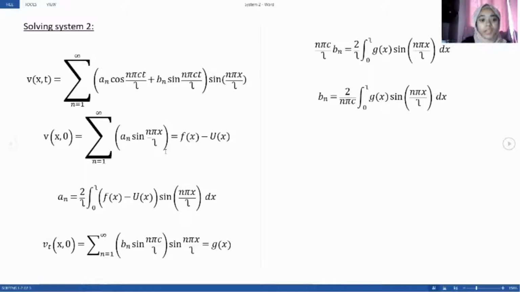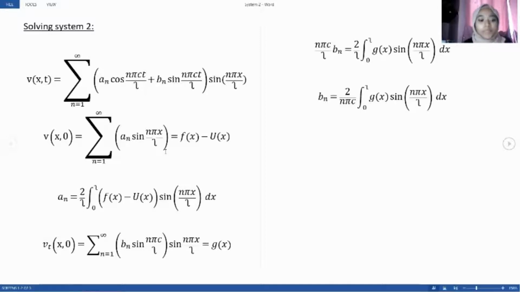So here we can obtain the value of a_n, where the formula of a_n is equal to 2 over L, the integration from 0 to L of (f(x) minus u(x)) multiplied with sin(n pi x over L) dx.